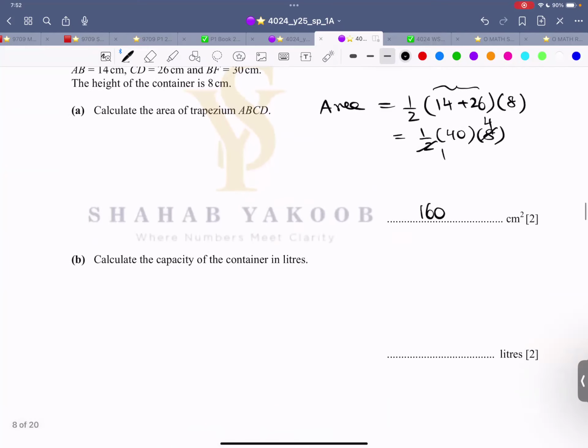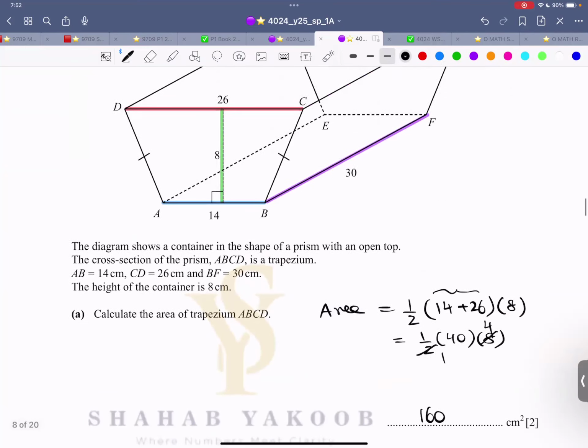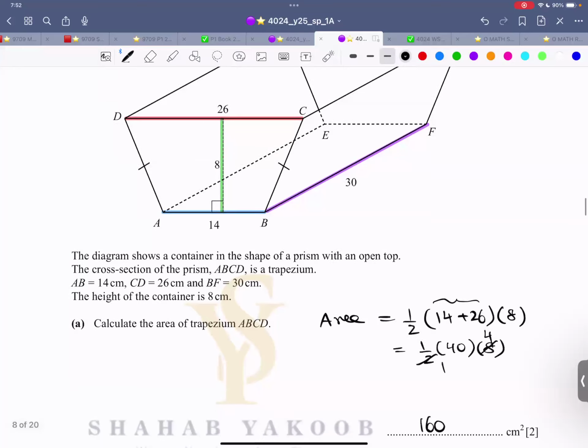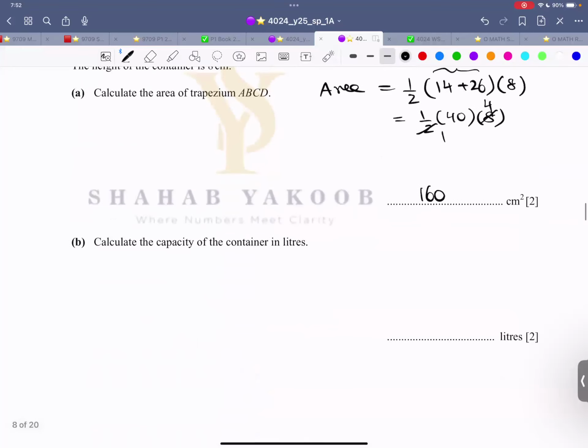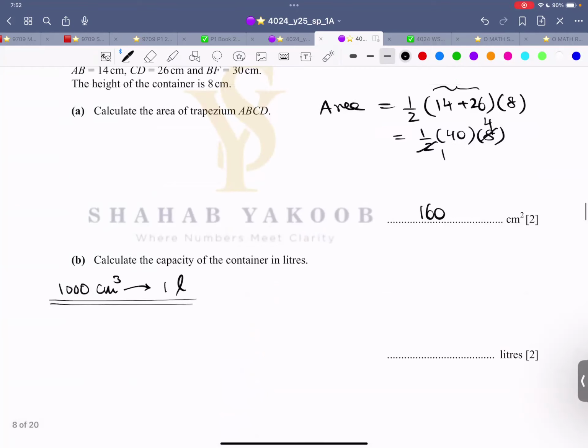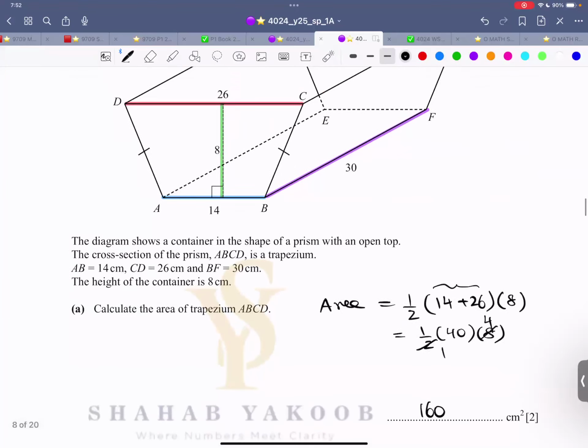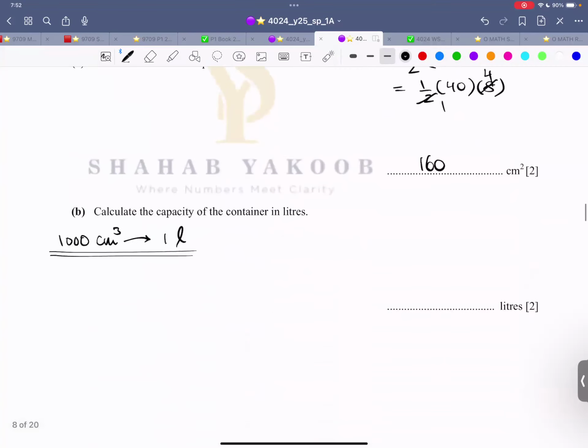The next one, calculate the capacity of the container in liters. Now we are working in centimeters, and we should know that 1000 centimeter cube is 1 liter. So first of all, we have the cross-sectional area, which is 160.